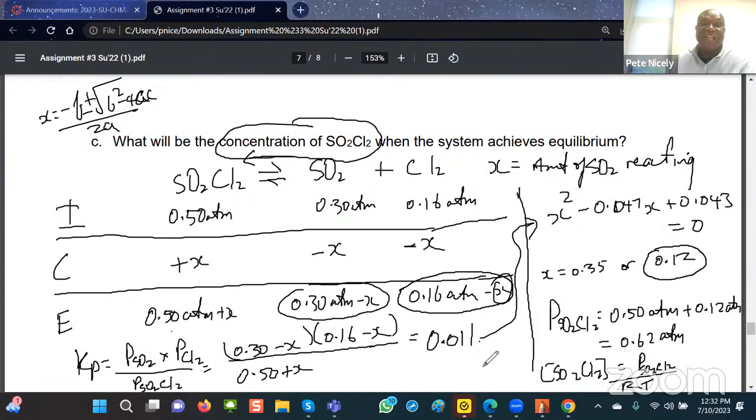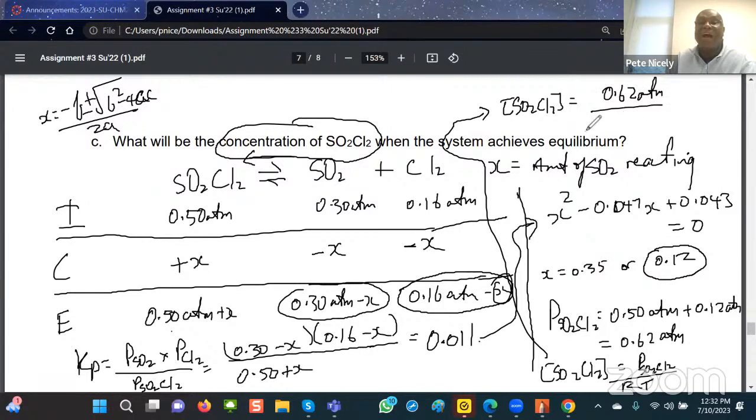All right? And I'm running out of space, so let me just continue up here. That means that the concentration of SO2Cl2 is equal to the pressure of SO2Cl2, which is 0.62 atmospheres, divided by R, which is 0.0821 liter atmospheres over mole Kelvin, times the temperature, which is, according to the question, 300 Kelvin.